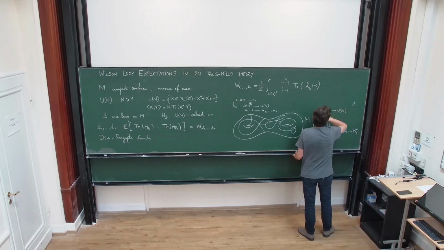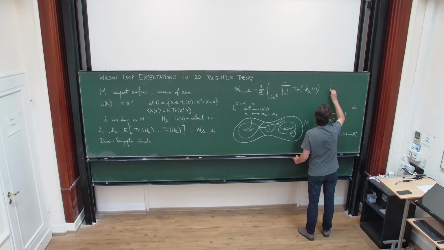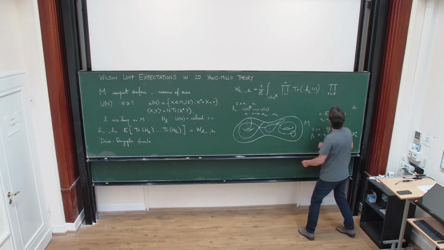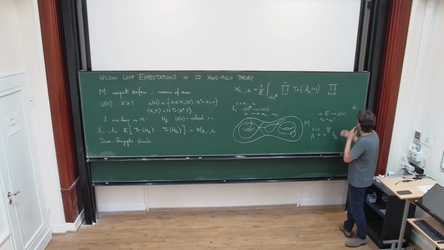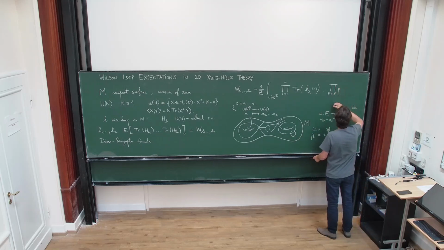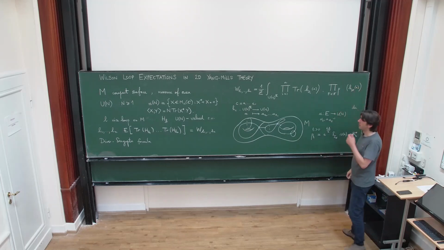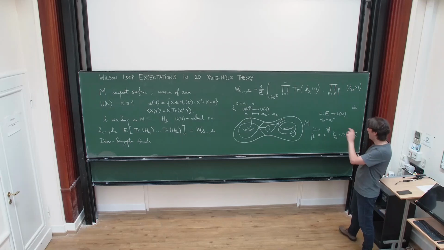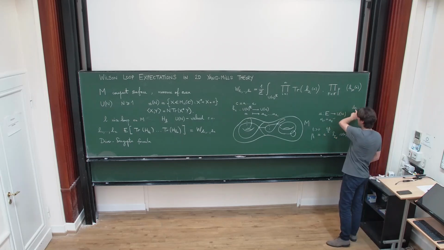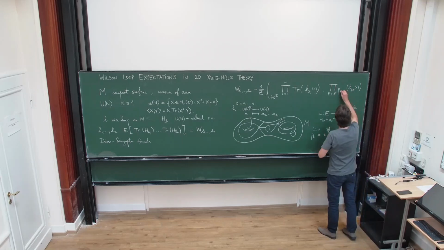And again, this is a smooth function on Un with values in positive numbers. So this is the density with respect to the Haar measure of the distribution at time t of the Brownian motion on the unitary group. And the density that we put here is a product over f, a face of this graph, of the heat kernel evaluated at the holonomy along the boundary of the face in the configuration u, and the time is the area of f.